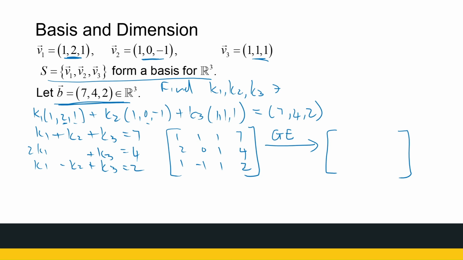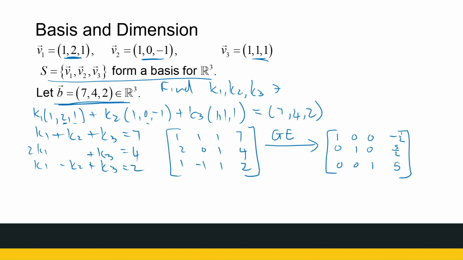This system should reduce to 1, 0, 0, minus a half; 0, 1, 0, 5 over 2; 0, 0, 1, 5. So K1 is minus a half, K2 is 5 over 2, and K3 is 5.